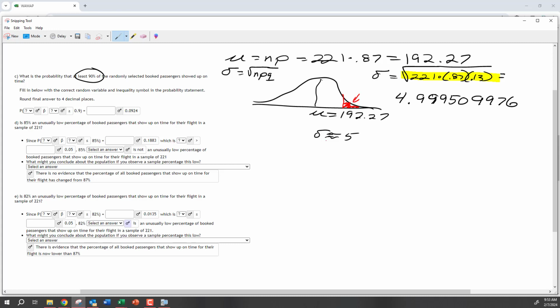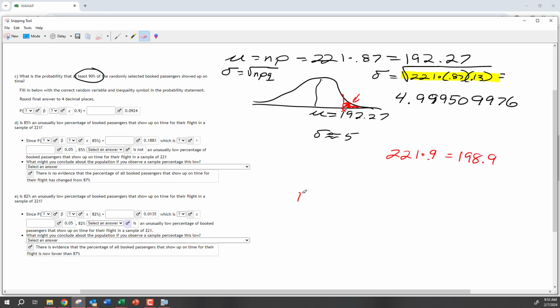Well, we need to know what that cutoff is as far as what is the x value. Because remember, we're always talking about x values, the random variable number that gives us 90%. Well, that means we have to take 90% of 221. So 221 times 0.9 is 198.9.